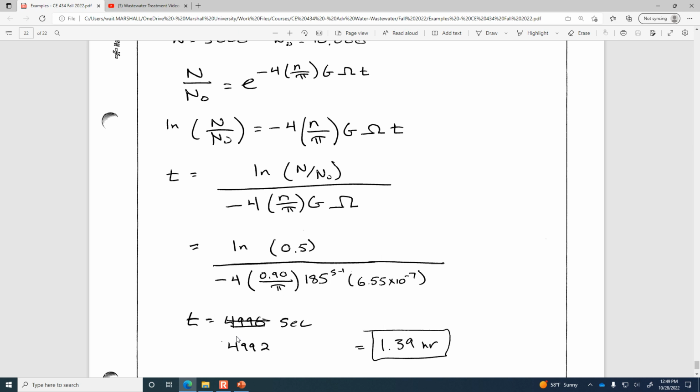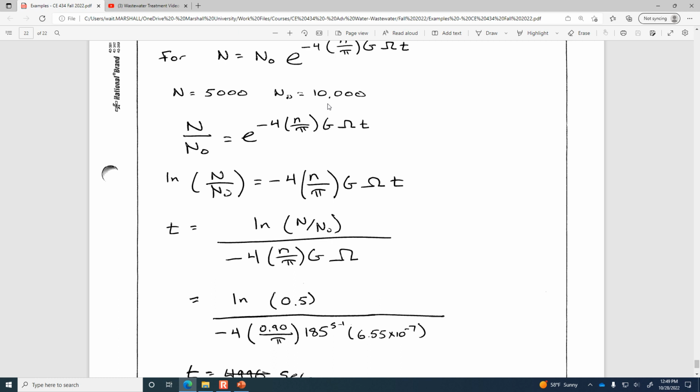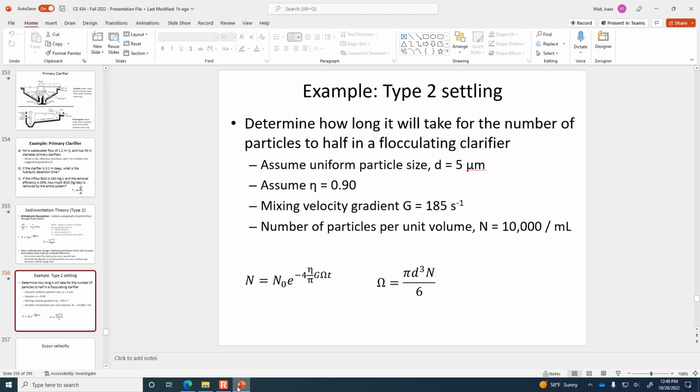And then how long does it take to go from 9,000 to 8,000 particles? Because in each case, omega would be a little bit different, since omega itself depends on the number of particles. Here we've just assumed it's the number of particles at the beginning of a time increment, but this gives us a rough idea anyway. Any questions about type 2 settling?